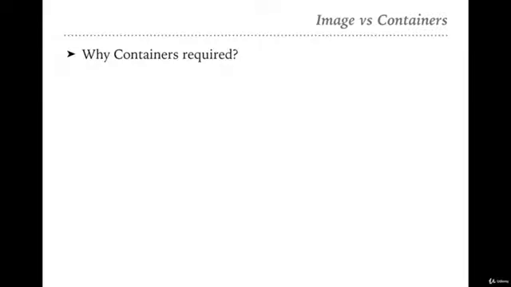A software is a package, right? A software requires a lot of libraries, a lot of tool sets, some kind of dependencies. So suppose we are running an application in production, and you are a developer who has created some application.